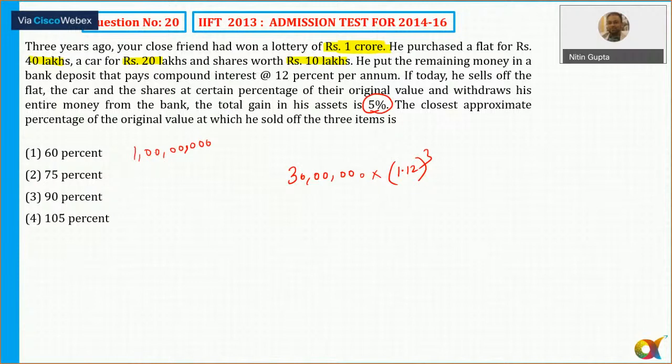Okay. So the question is the closest approximate percentage of the original value at which he sold off these 3 items. Okay. So I can say this is 30 lakh into 1.12 raised to the power 3. The remaining amount was what? His total gain, the closest approximate percentage of the original value at which he sold the 3 items.